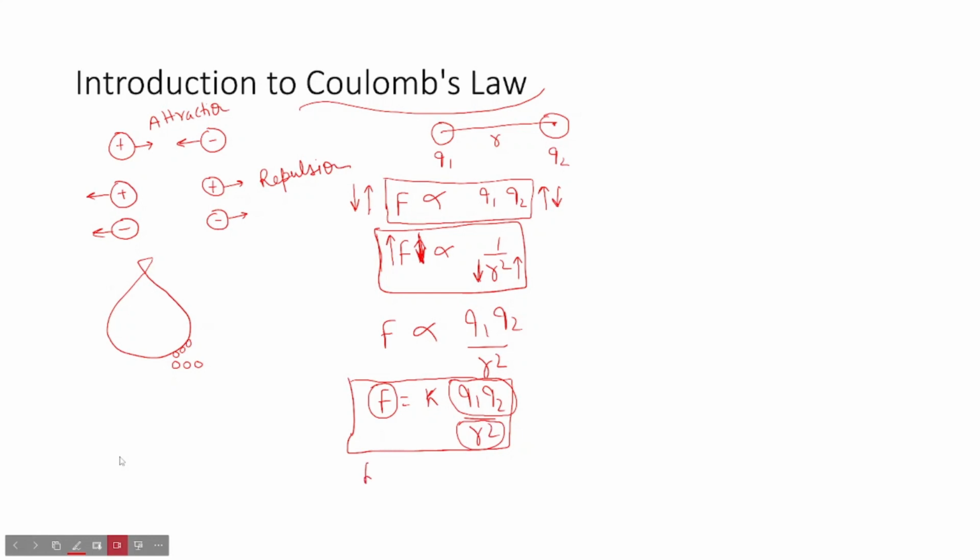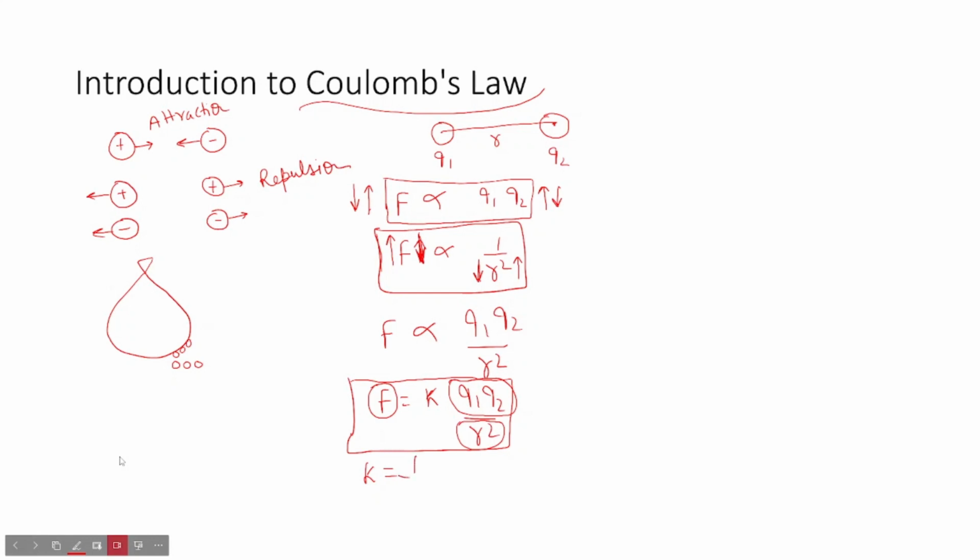K is the constant of proportionality. It is a number, and its value depends upon the medium between the two charges.